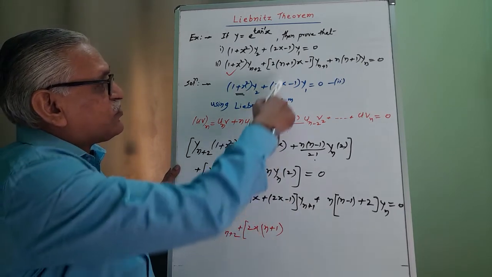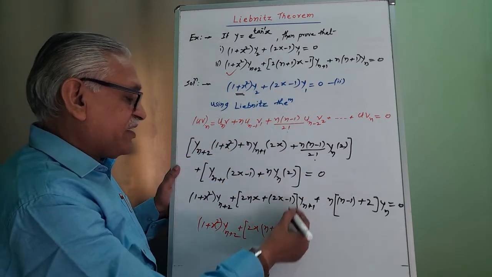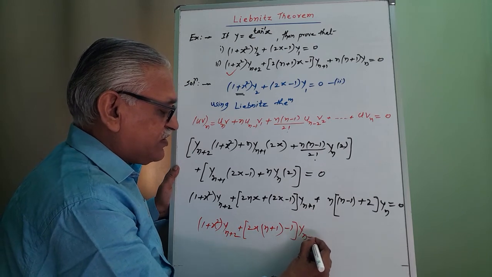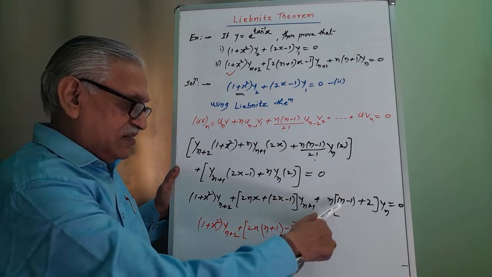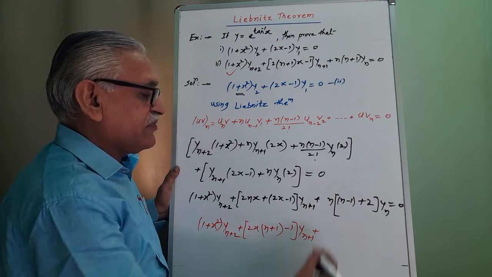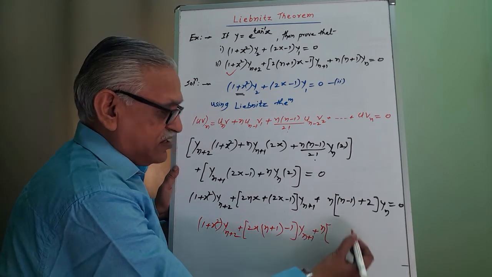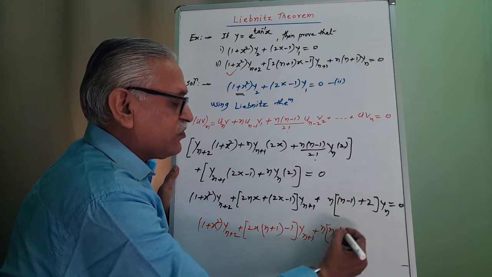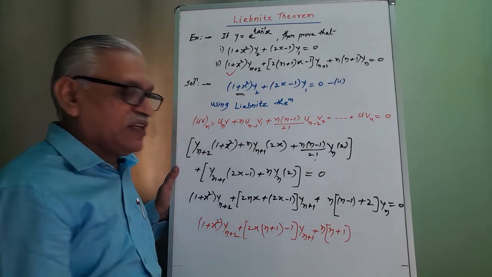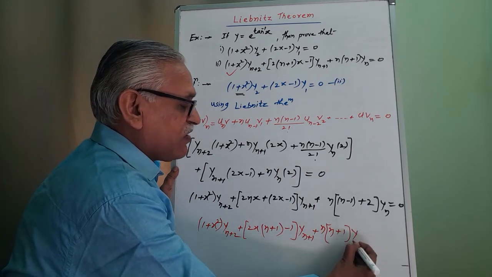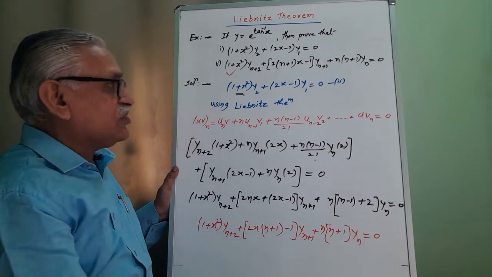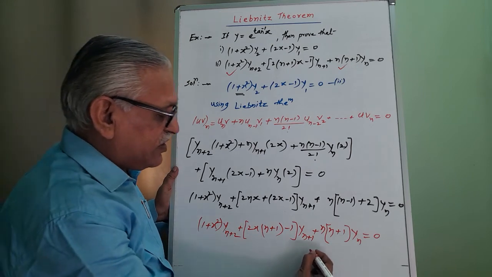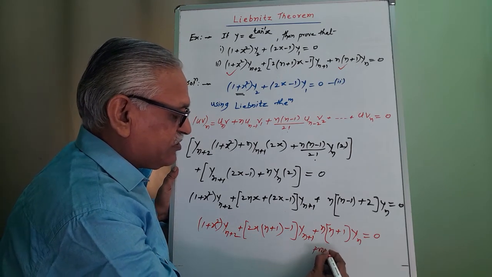Therefore, 2x into n plus 1, and this minus 1 as it is, no change, into yn plus 1, plus outer n as it is, n plus 2 minus 1, remaining is 2 minus 1, we get plus 1. Therefore, it is n into n plus 1 into yn equal to 0, the required third term. Hence, we get the required result number 2, hence proved.